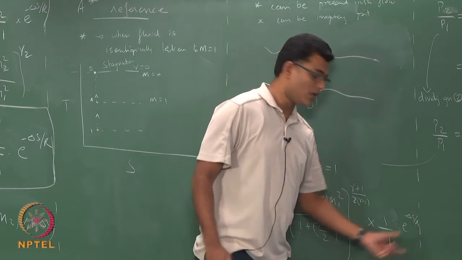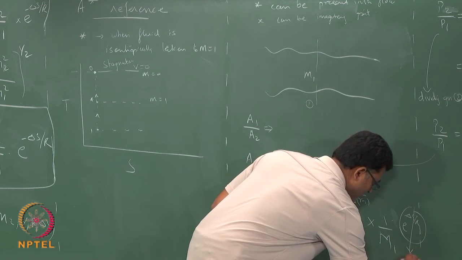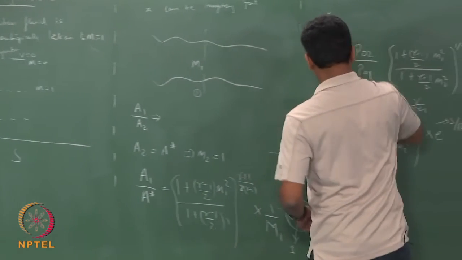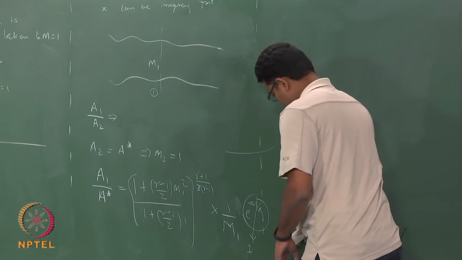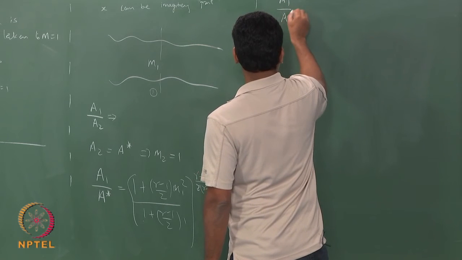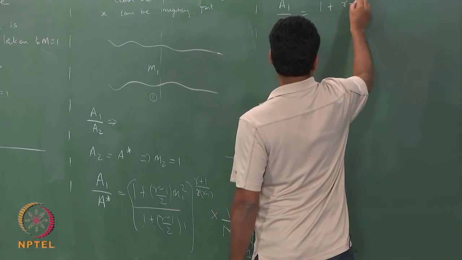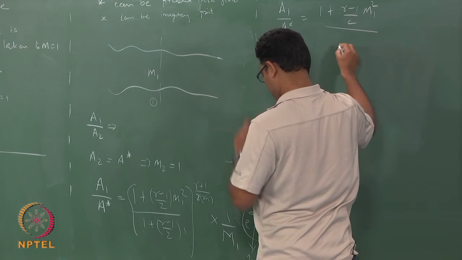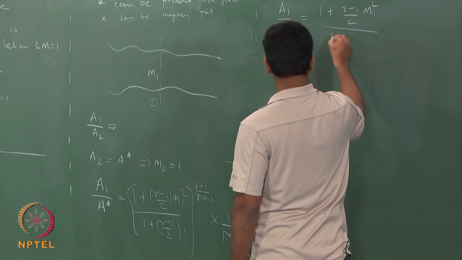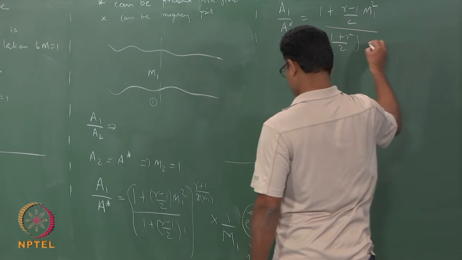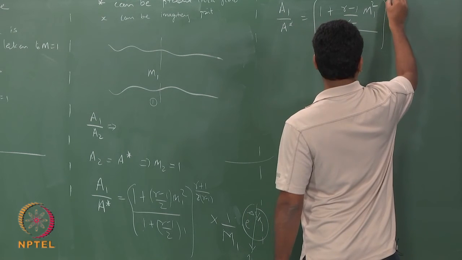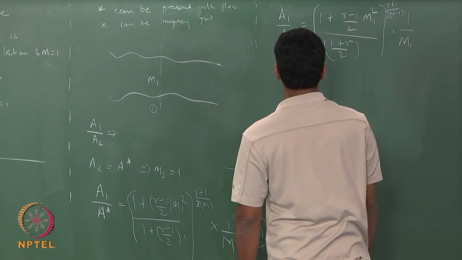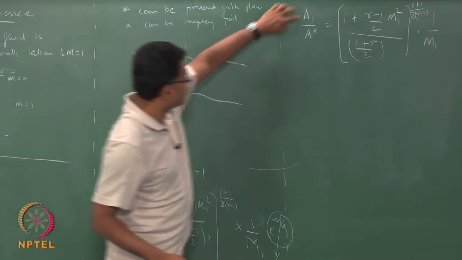So, this quantity is now 1. So, for any location, I can remove the suffix 1.